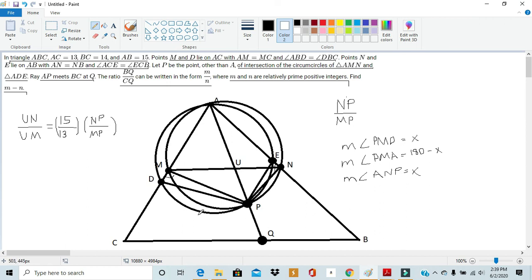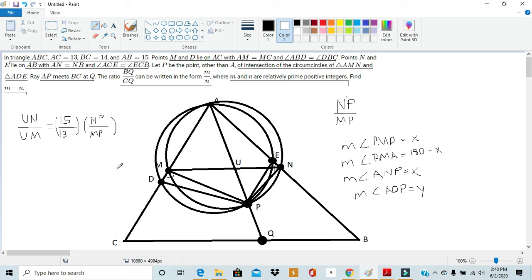We still need to find one more in order to prove that triangles PMD and triangles PEN are similar. So let's take a look at the next angle, angle ADP. Let's say that angle ADP is y. We can kind of go reverse of what we did with angle AMP, and instead of going to this angle next to it, we go to the opposite vertex of the cyclic quadrilateral.